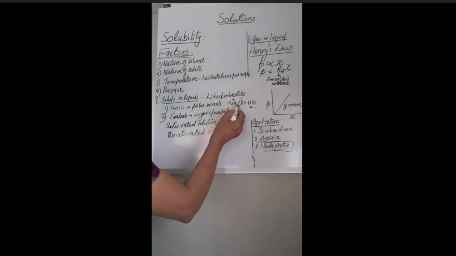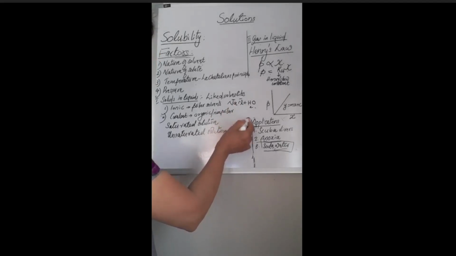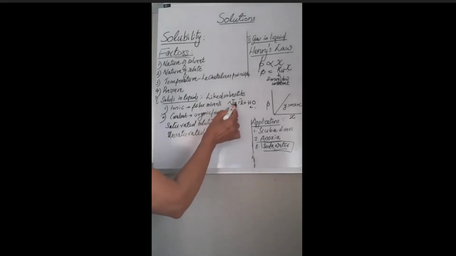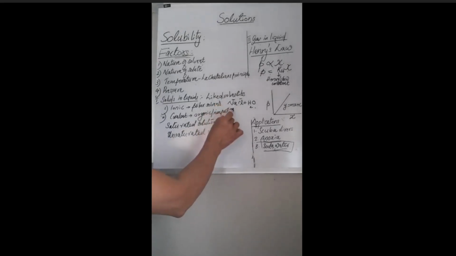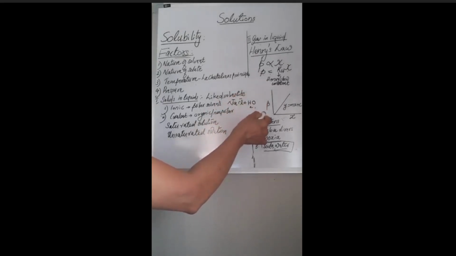Whereas NaCl is insoluble in organic solvents like kerosene. That is because the interactive force between NaCl and organic solvent is ion-induced dipole interaction, which is weak. It's not strong enough to break the crystal lattice, and hence NaCl is insoluble in organic solvents.